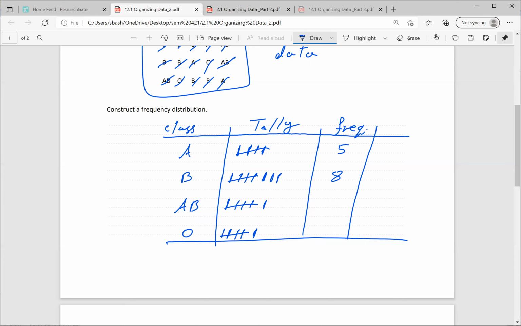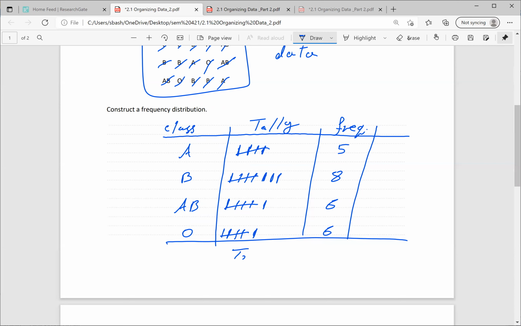For AB, we have 6, because I have 6 bars in the tally. For O, I have 6. So this is 5 for A, 8 for B, 6 for AB, and 6 for O.